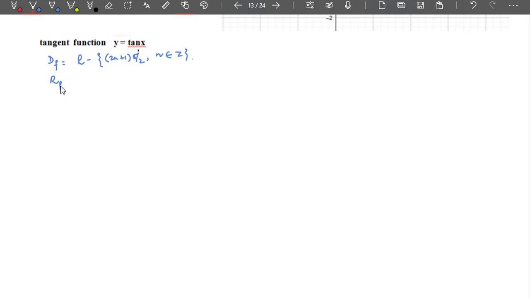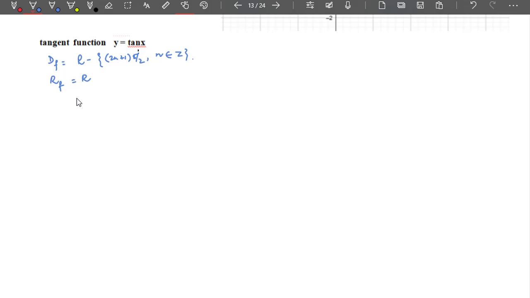Range of the function is R. It increases from minus infinity to plus infinity in minus pi by 2 to plus pi by 2, and then once again it increases from minus infinity to plus infinity from pi by 2 to 3 pi by 2.